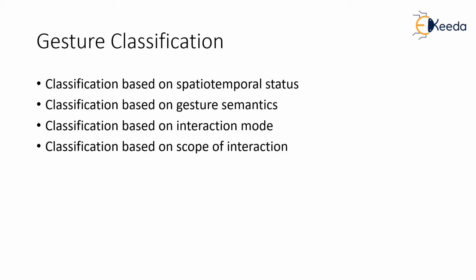As stated earlier, gesture is a conscious or unconscious movement of the hand, arm, or limb. The gestures in the interaction process can be distinguished according to different spatiotemporal operation behaviors, different semantics, different interaction modes, and different interaction ranges.